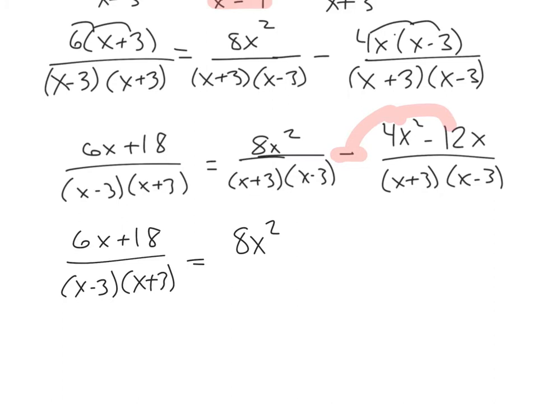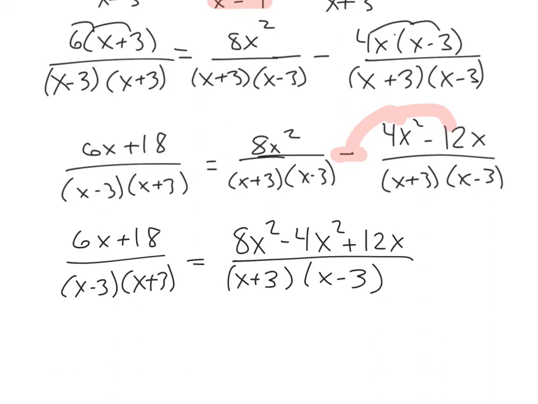So just be aware of that. So when you see the symbol change, okay, that's what's happening. So we have a minus 4x squared plus a 12x, and that gives us our x plus 3, x minus 3.